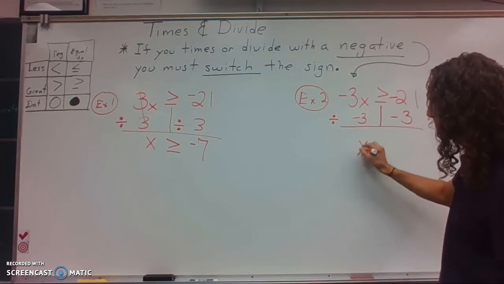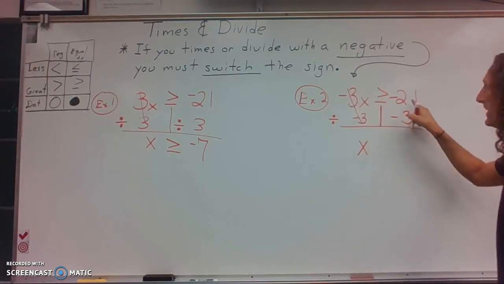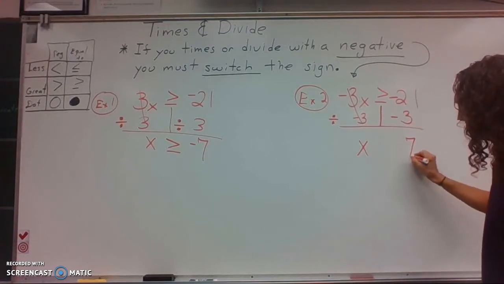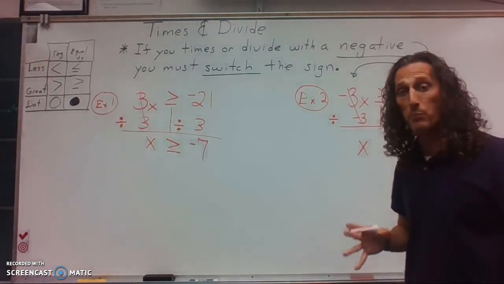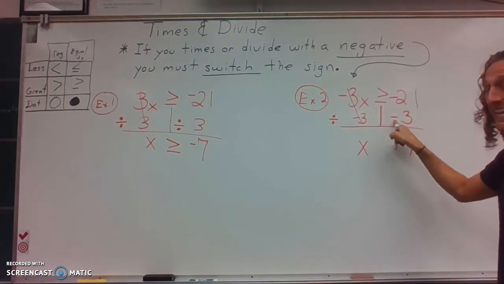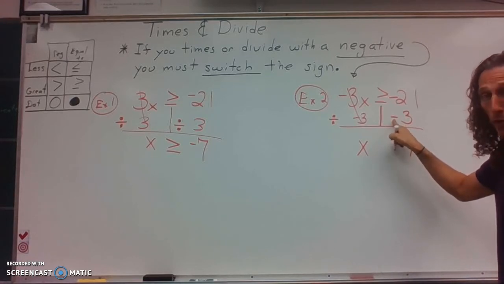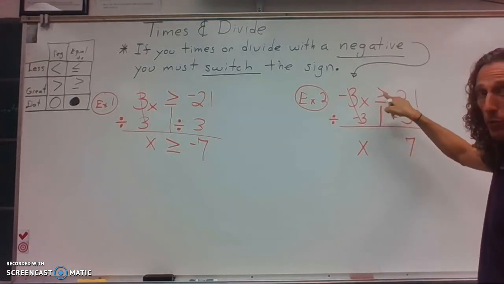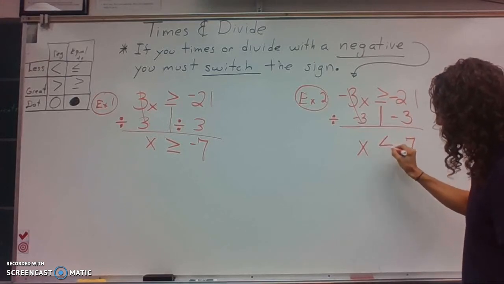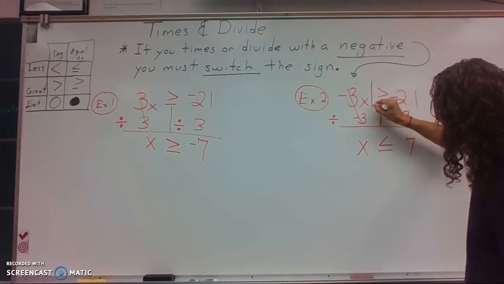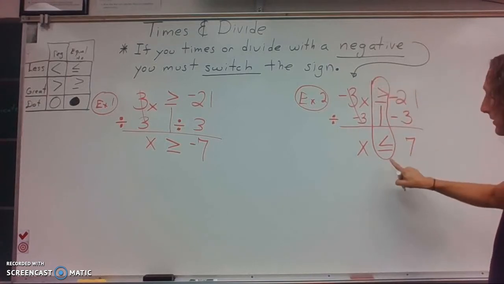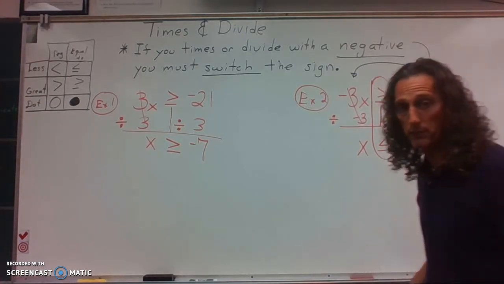The x still falls down. Now, -21 divided by -3 happens to be a +7. That doesn't matter. What matters is you divided with a negative number. You take the inequality sign and you flip it around. That's the difference on these.